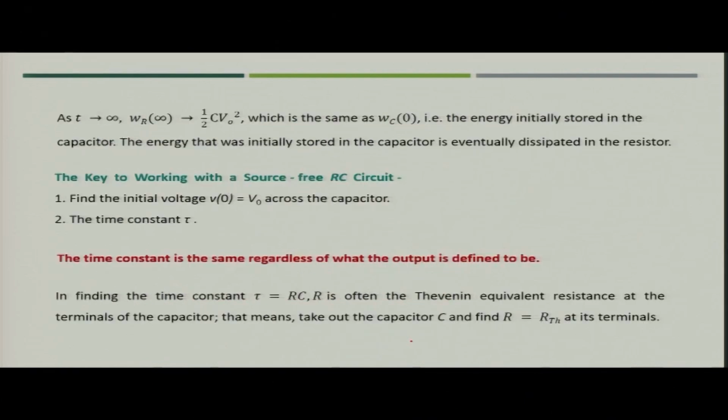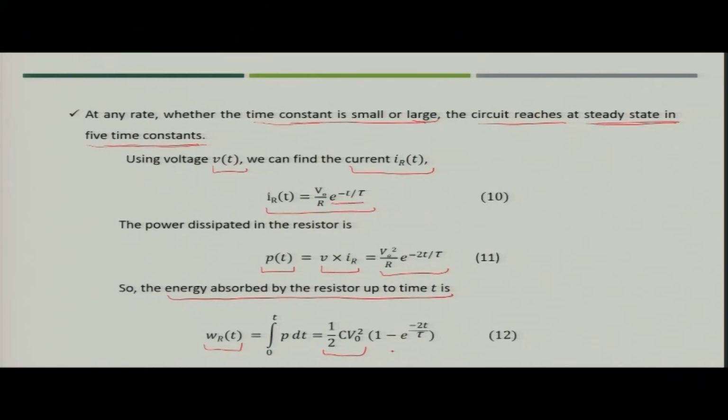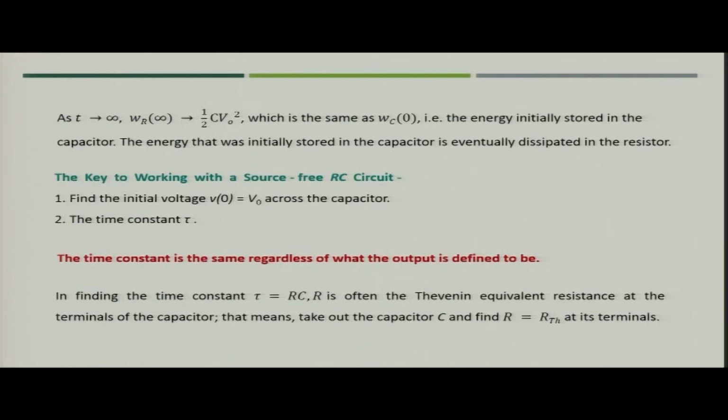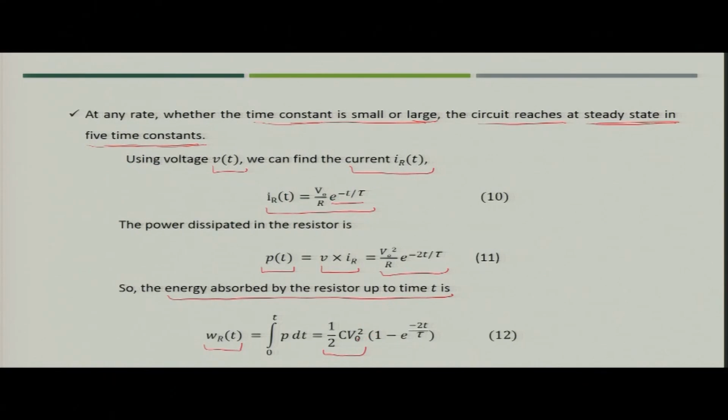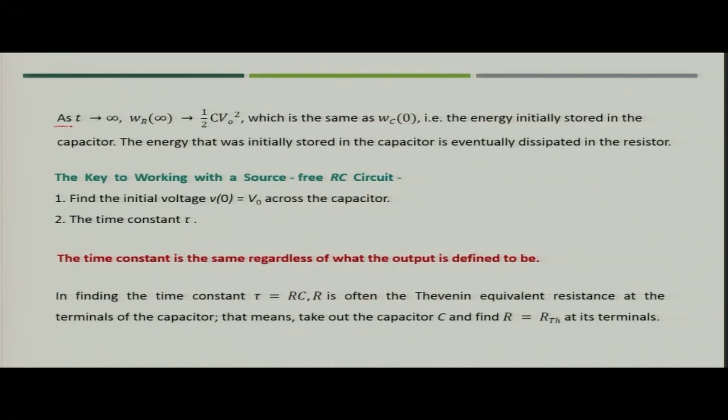Now, if you see this equation, at time t equal to 0, the exponential factor becomes 1, so the expression is 0. When time t is equal to infinity, the exponential term becomes 0, so the expression becomes half C V naught squared. So, when time goes to infinity, the energy dissipated in the resistor would be half C V naught squared.